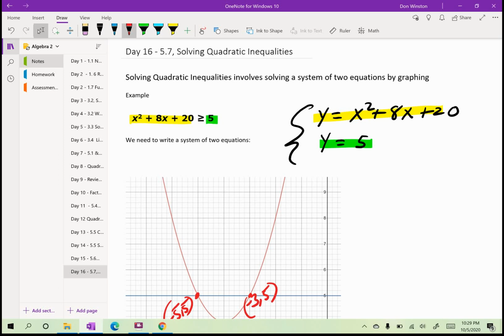Okay, so here we have an inequality. What value of x makes x squared plus 8x plus 20 greater than or equal to 5 true?